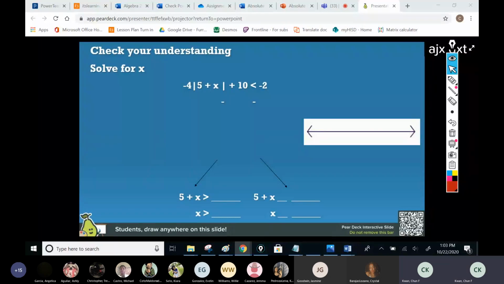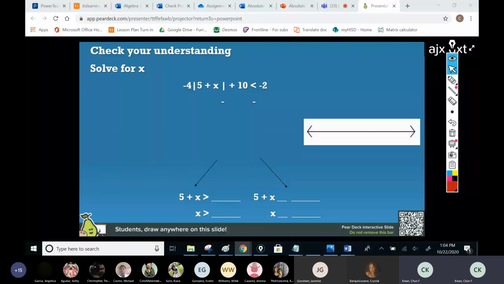All right, come on, guys, let's work on this. Hey, Kendrell, make sure you divide it by -4, right? You can't just divide by +4.